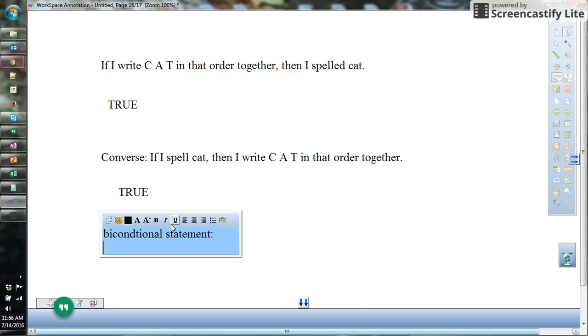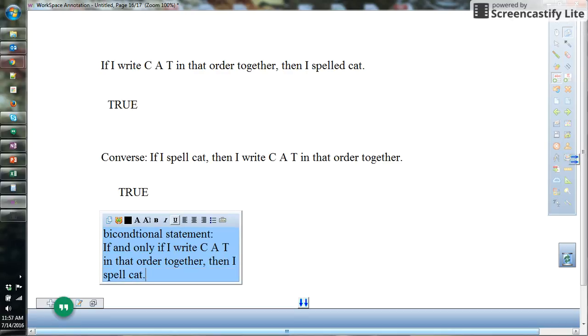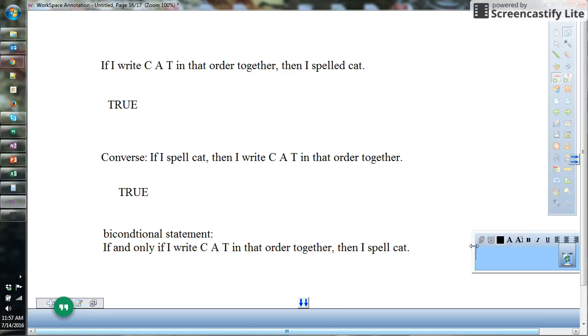And this is going to be: if and only if I write CAT in that order together, then I spell cat. And this is saying that the only way I can spell cat is by writing C-A-T.